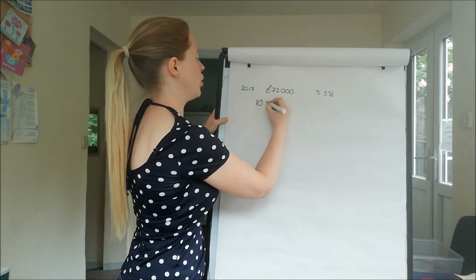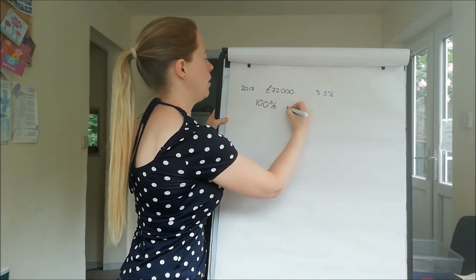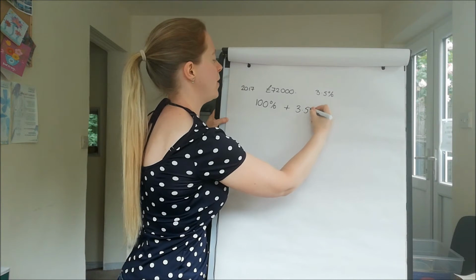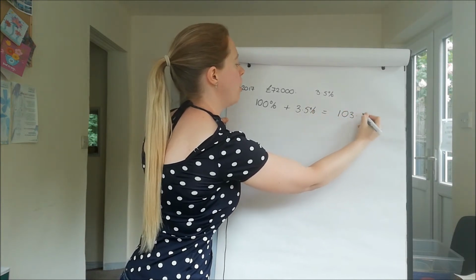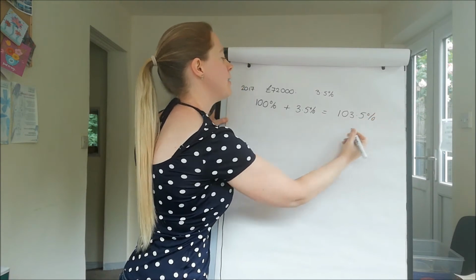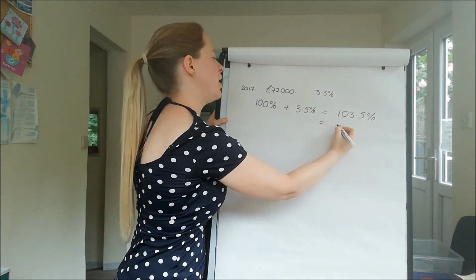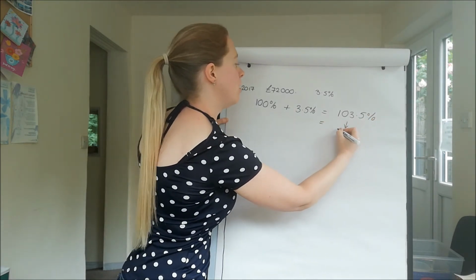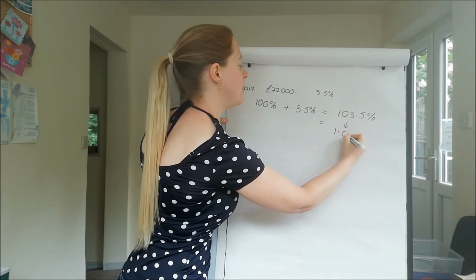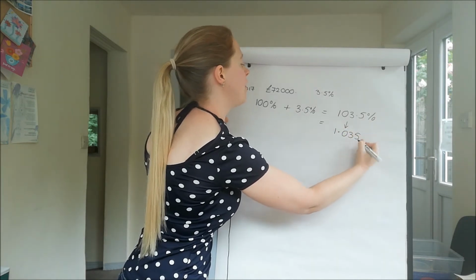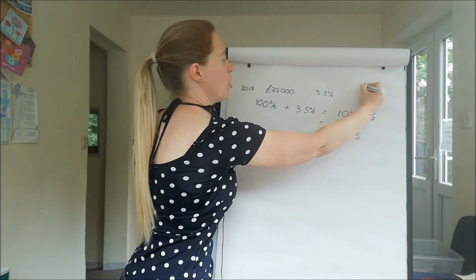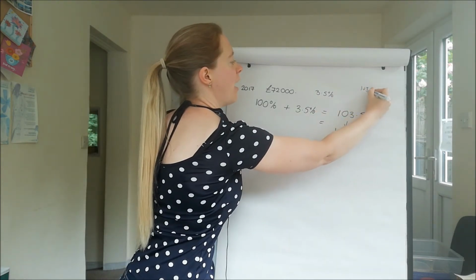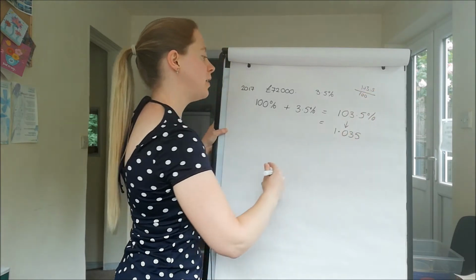So 100% plus 3.5% will be 103.5%. Changing that to a decimal will be 1.035. If you wanted to use a fraction, then you'd go with 103.5 over 100.